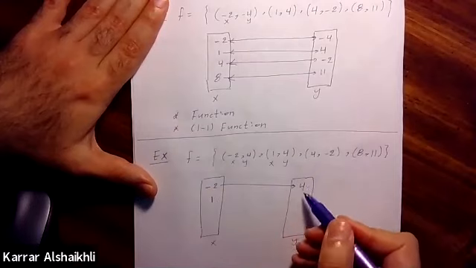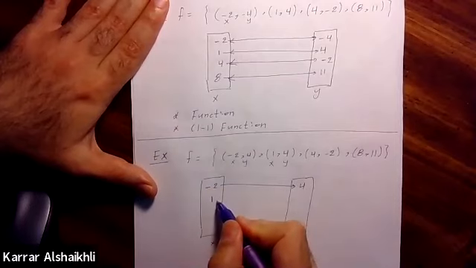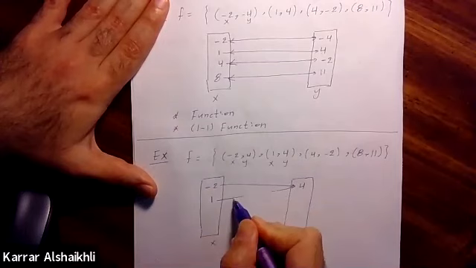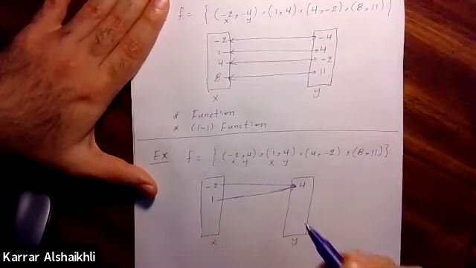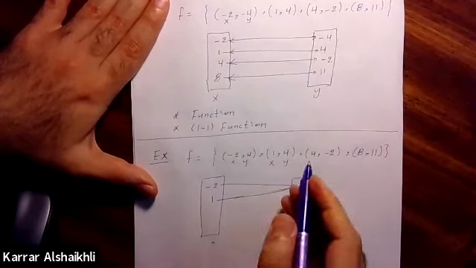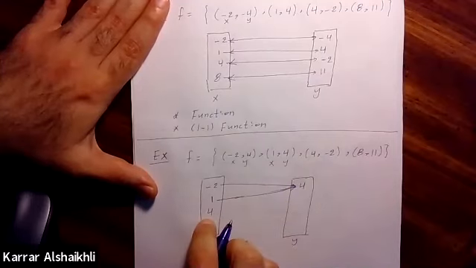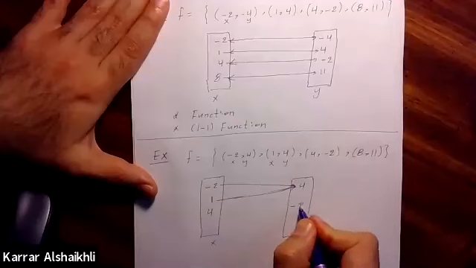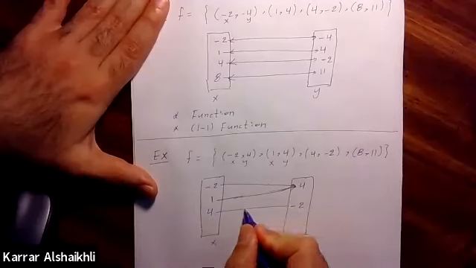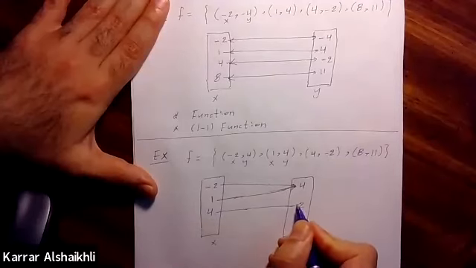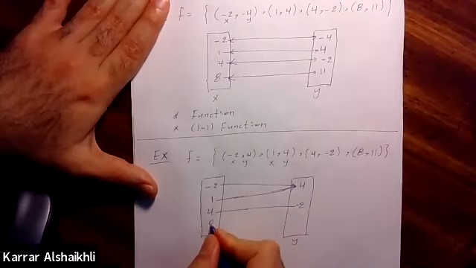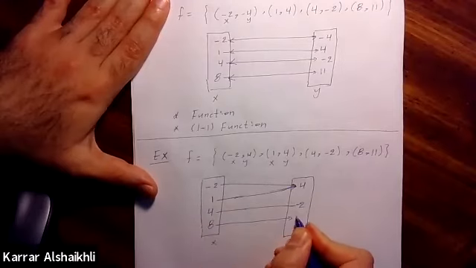The third one is 4, the X, goes to -2. And 8 goes to the 11.